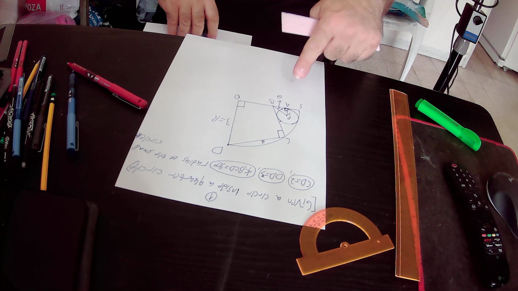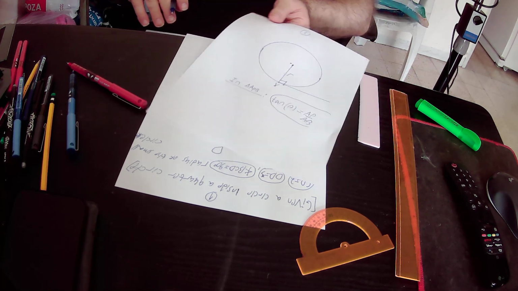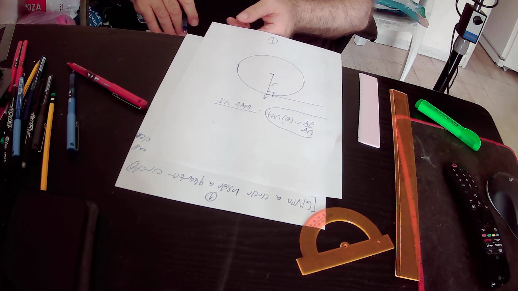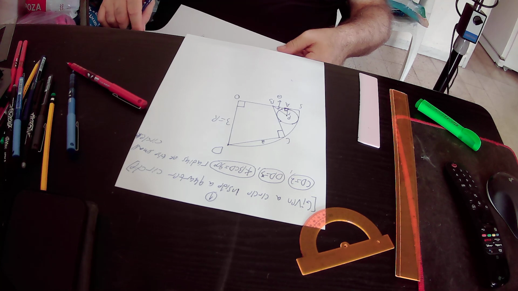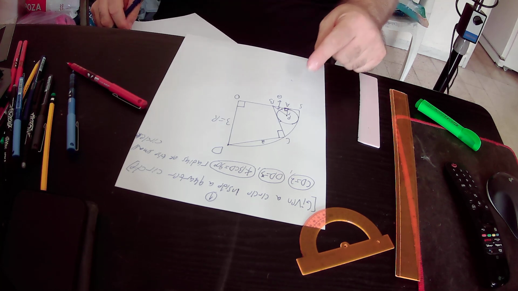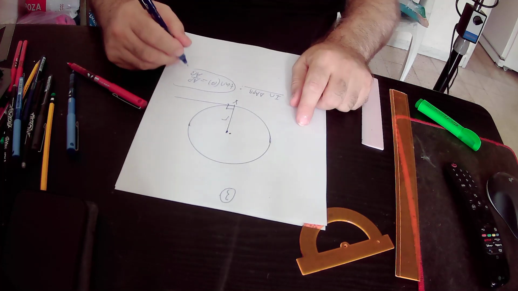Again, in the right triangle APB, tangent theta equals AP over AB. But we know that AP equals r, so we can substitute AP by r.